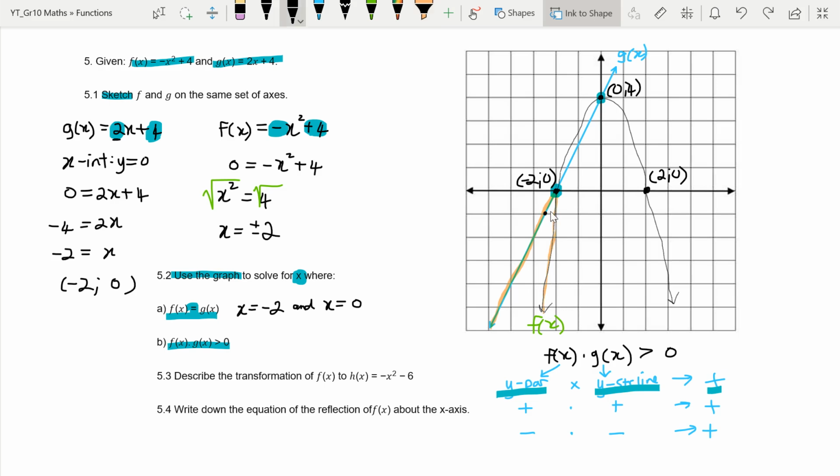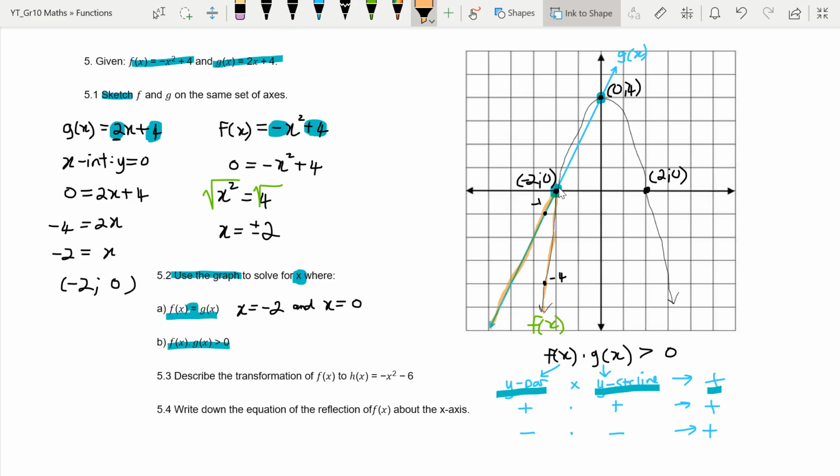Say our y value over there is -1, and our y value over there is like -4. Both of those y values are negative, so if we multiply them together, it will give me a positive. All right, where else can we highlight? Where both are also positive.